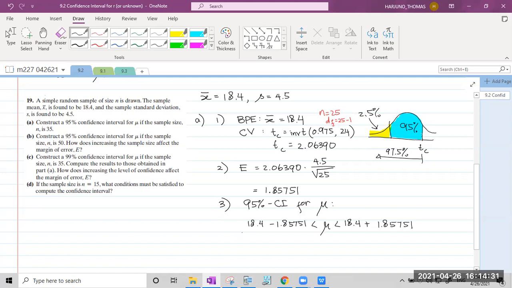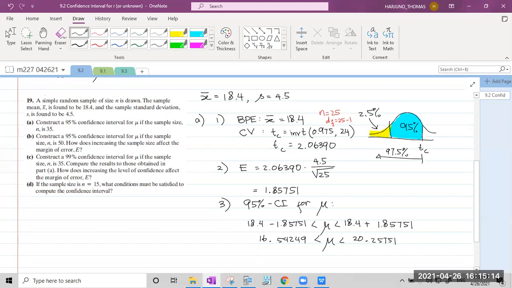Okay, then this is very similar to what we have done before. I get 16.54249 less than mu less than 18.4 plus 1.8 something, that will be 20.25751.